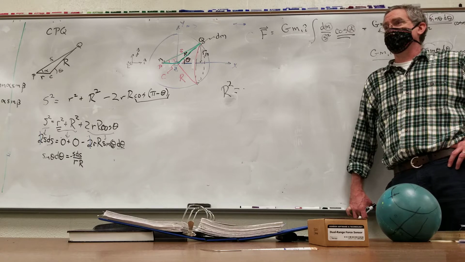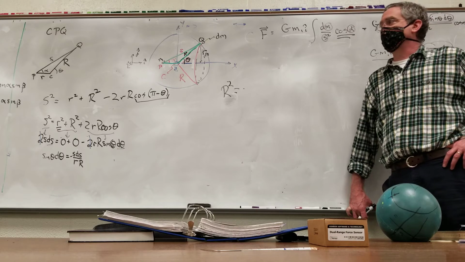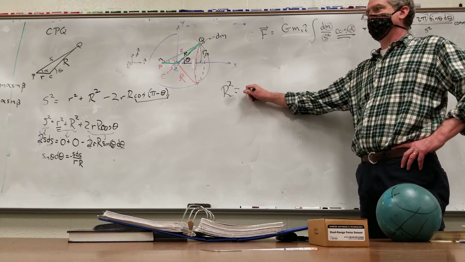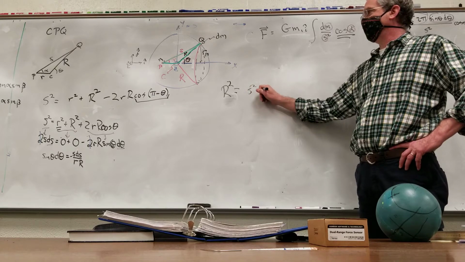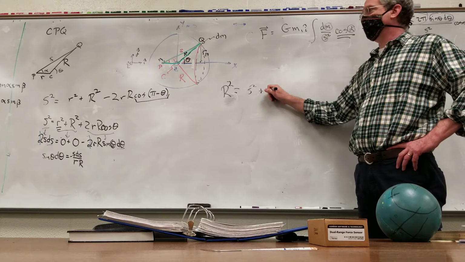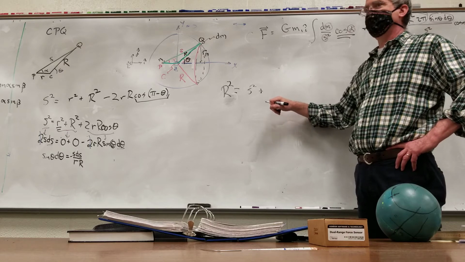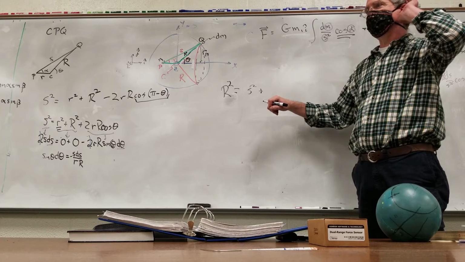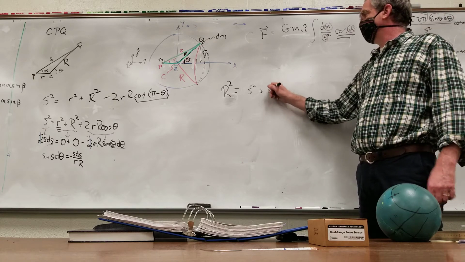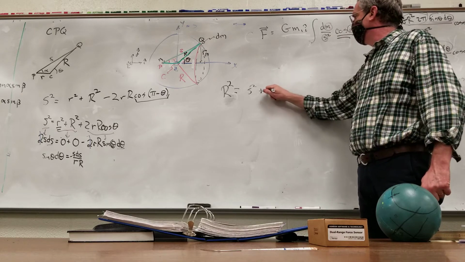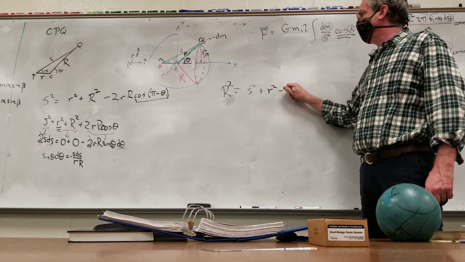Still the green triangle? Still the same triangle. Is it S squared? I don't know what that one would be. Little r squared. Yep, little r squared. Wouldn't it be minus little r squared?